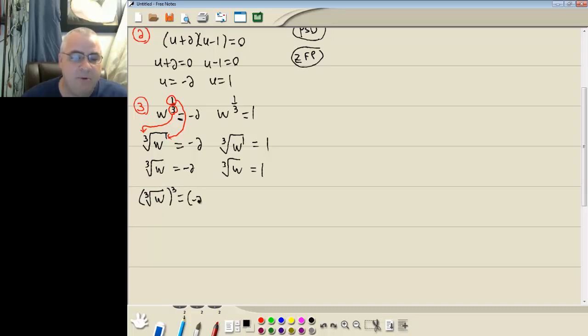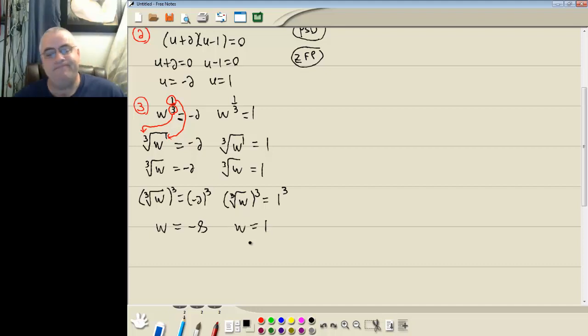Now we're applying the power principle when we do this, so we know we're going to have to check our answers once we get done, because sometimes you get false answers. Okay. When your index matches the power you're raising it to, then they cancel each other away, so that gives us w equals negative 2 to the 3rd is negative 8. In here, again, those cancel. We get w, and 1 to the 3rd is 1.